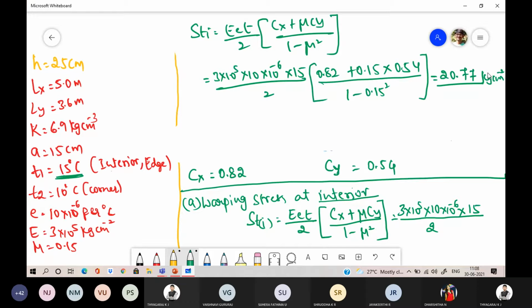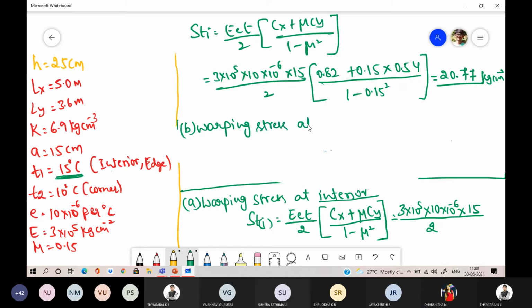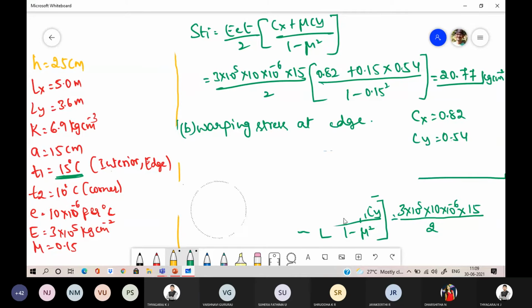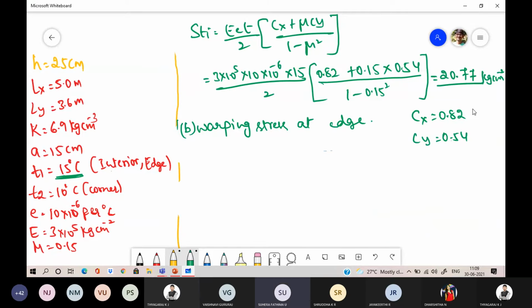Okay. Now, for edge load, there is a warping stress. B, warping stress at edge. Here we have to consider the warping stress such that we know Cx is equal to 0.82 and Cy is equal to 0.54. Which one is the highest value? 0.82. So that value we have to consider.